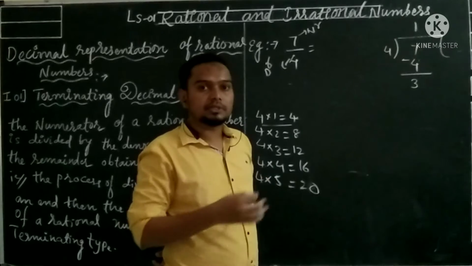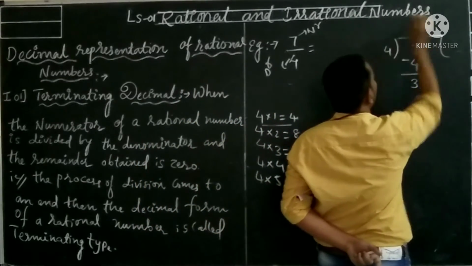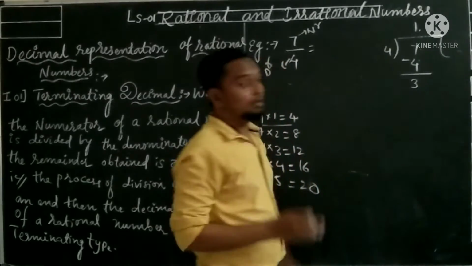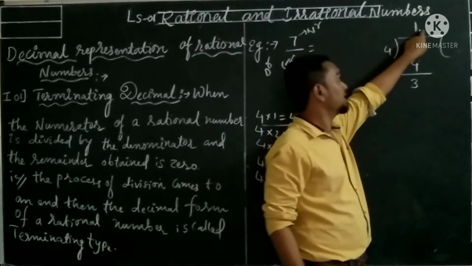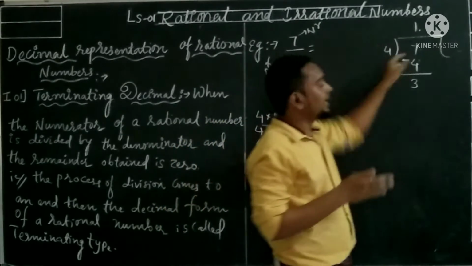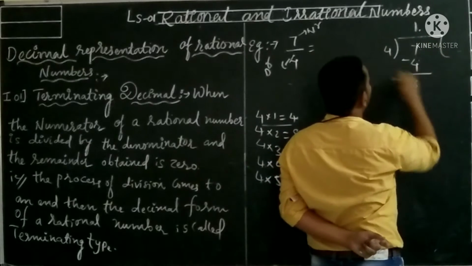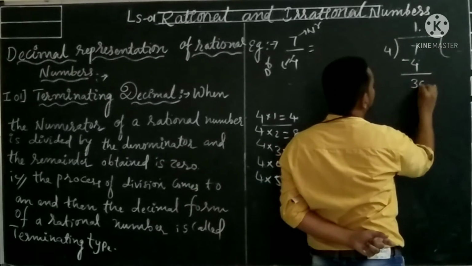Now we put the decimal point on the top and take zeros after it. Next we put 0 next to 3.